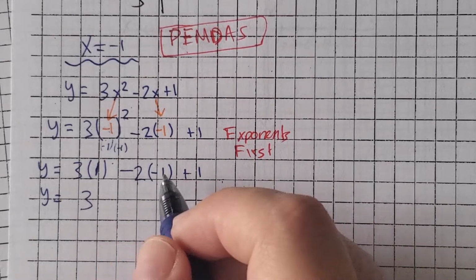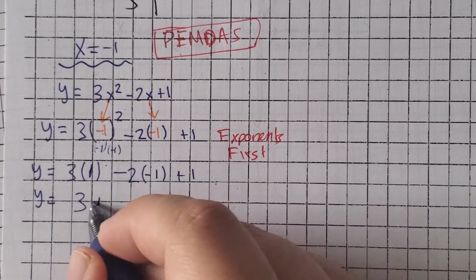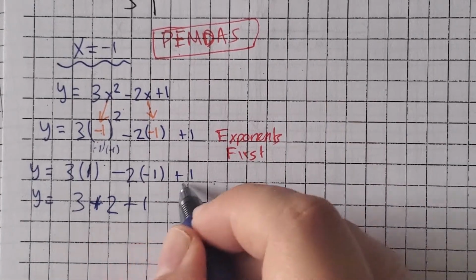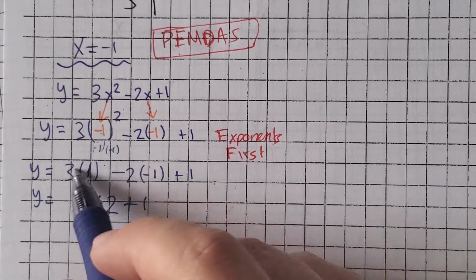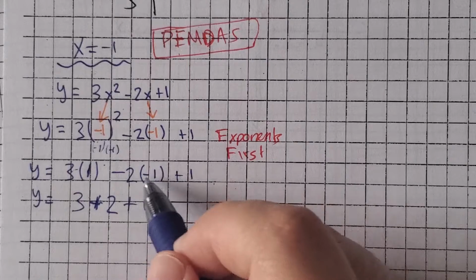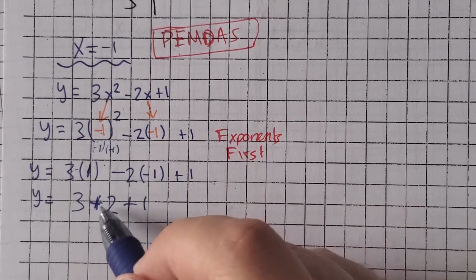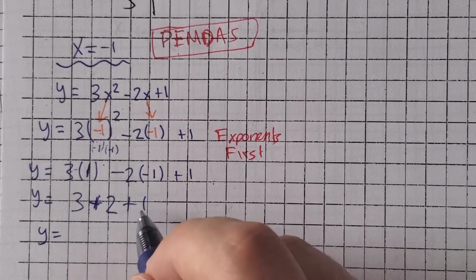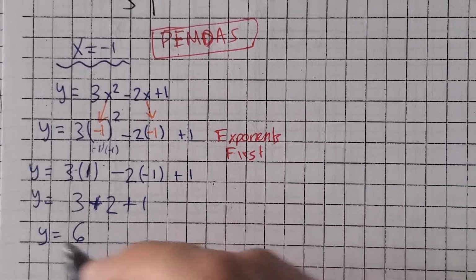So -2 times a -1 is going to become a positive, +2. And then I still have my +1 from over here. So watch out for that. 3 times 1 is just 3, but I'm going to consider this a -2 times a -1. That's going to be a +2. Okay? And then I just have to add, so 3 plus 2 plus 1 is just 6.